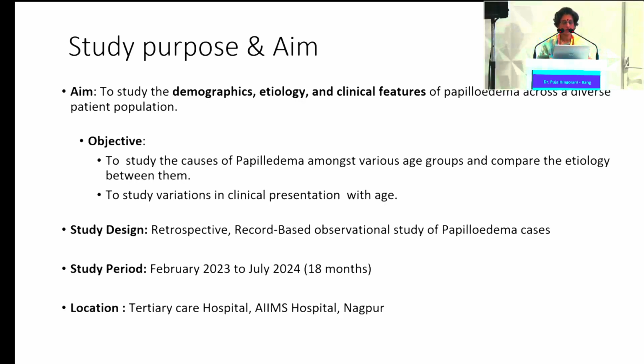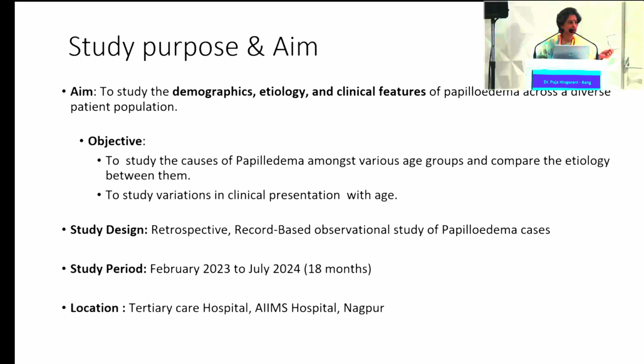So this was basically to study the demographics, etiology, and clinical features of all cases that were clinically diagnosed as papilledema when they came to us. The secondary objective was to see if there are any differences in causes between the various age groups, pediatric versus adult population, and to study the variations in the clinical presentation, be it history or examination.